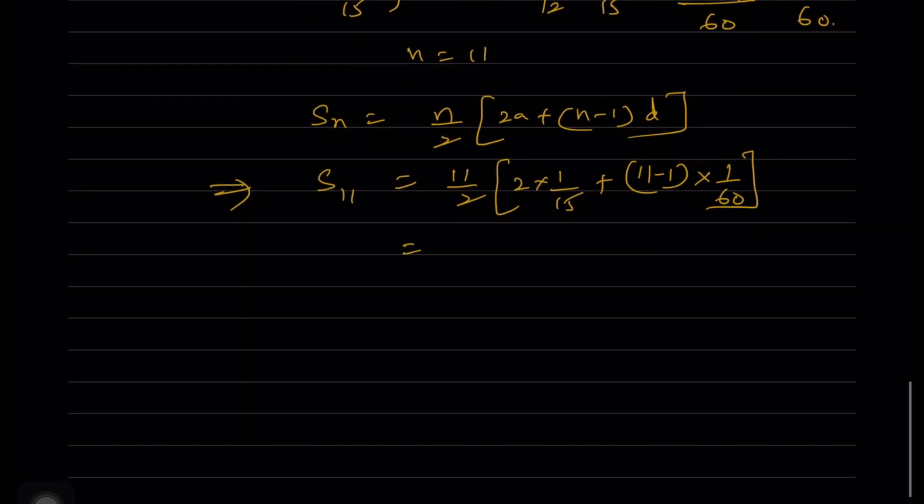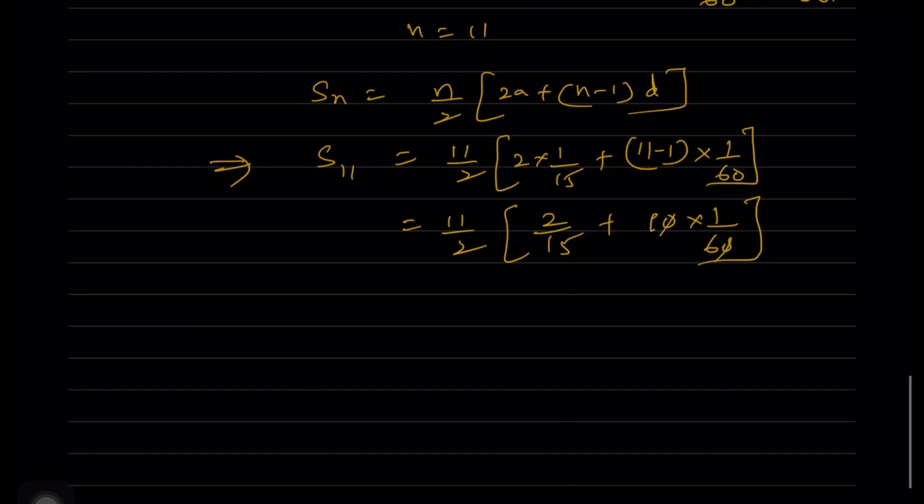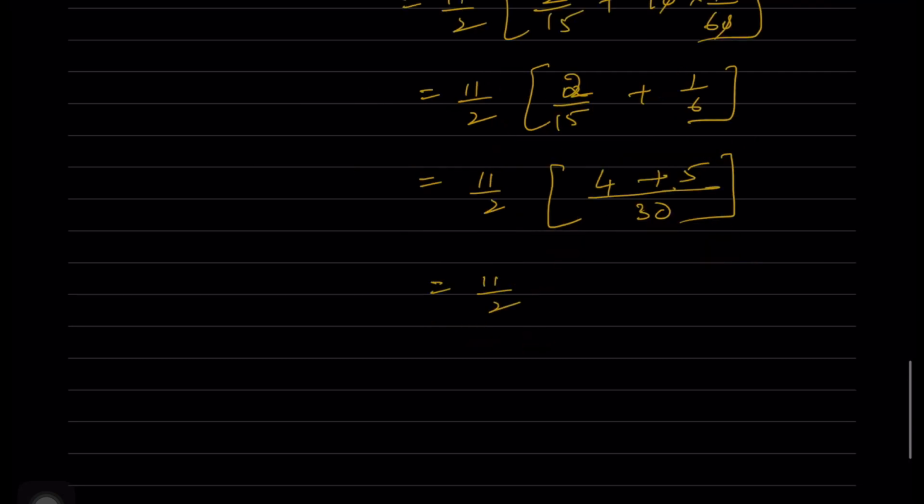So which is equal to 11 by 2 into 2 by 15 plus here 10 into 1 by 60. So you're getting here 1 by 6, which is equal to 11 by 2 into 9 by 30, which means 3 3s are 9, 3 10s are 30, so 33 by 20.